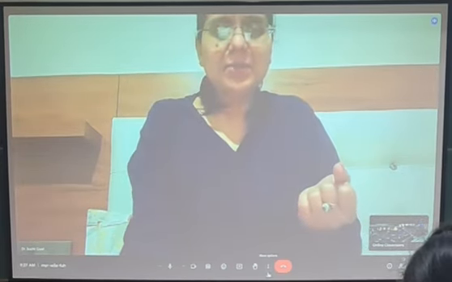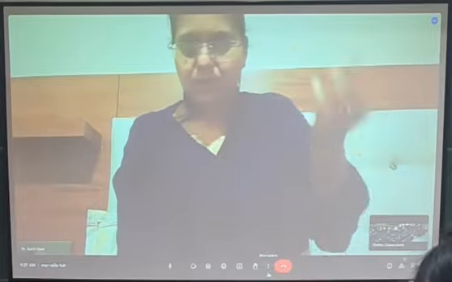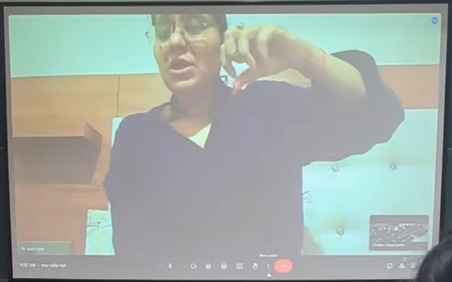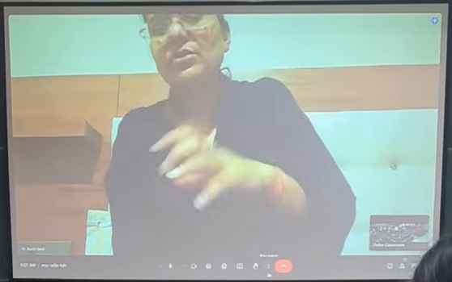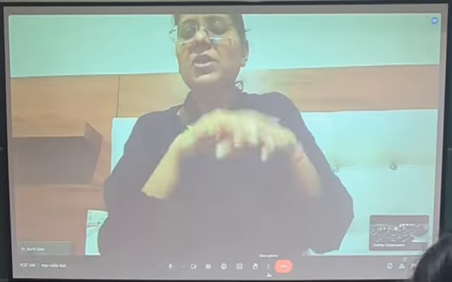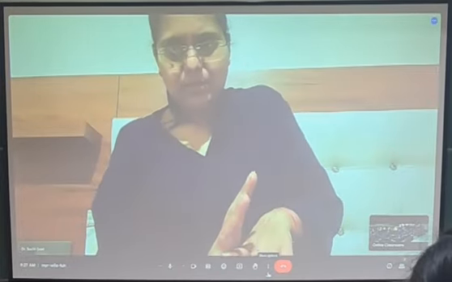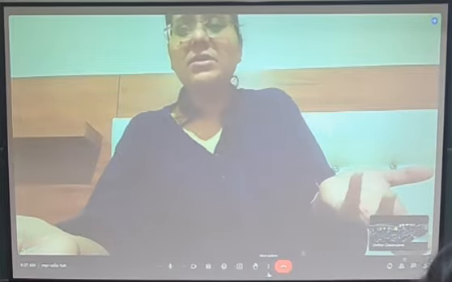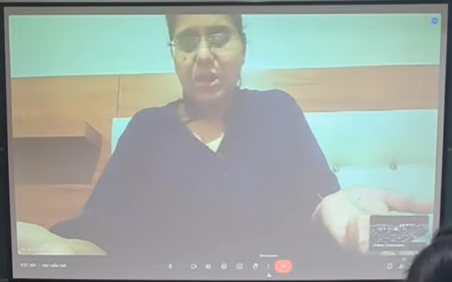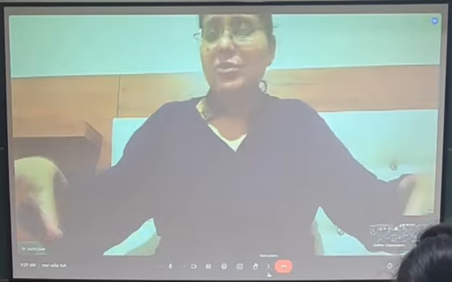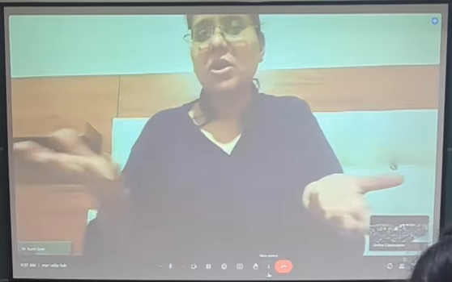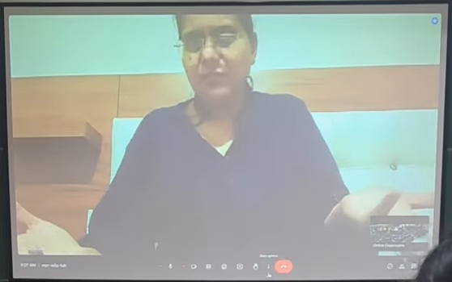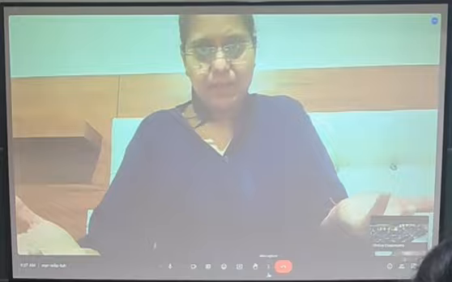Another term is sanitization. Sanitizing means you try to reduce the microbial count, like what is done on a hospital floor. It's not that you remove all microorganisms by mopping the hospital floor; you just reduce the count.